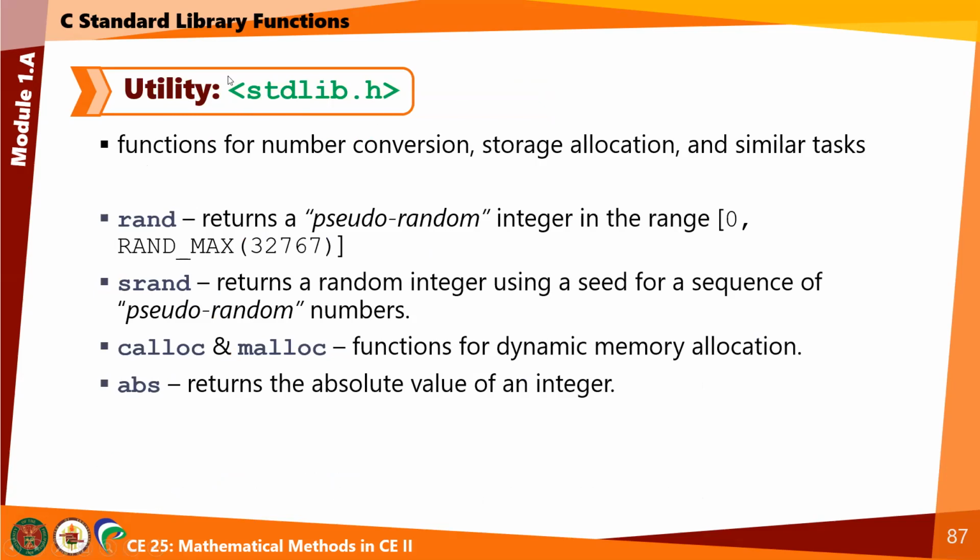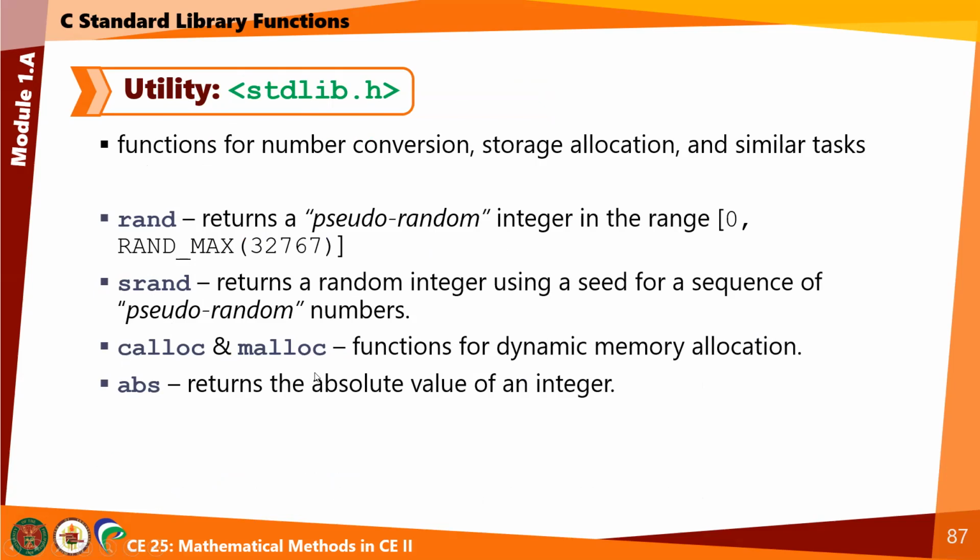How about ano yung laman ng stdlib.h? So yung stdlib.h, it contains random numbers. So if you want to produce a random number, and srand, pseudo-random number. Also has the calloc and malloc.